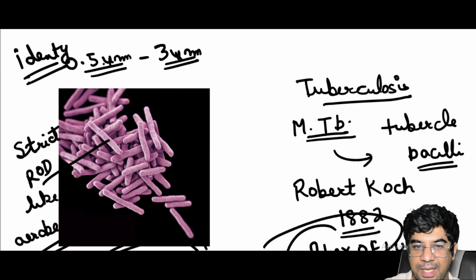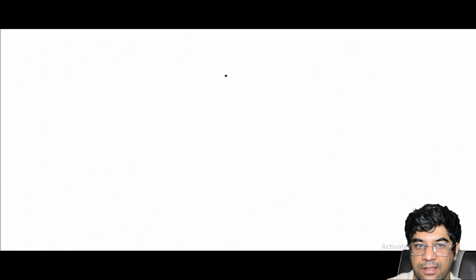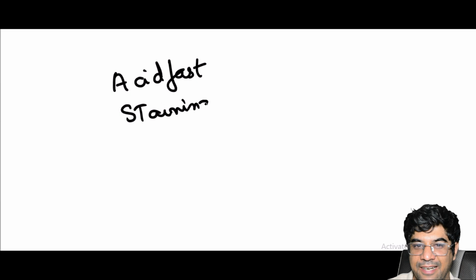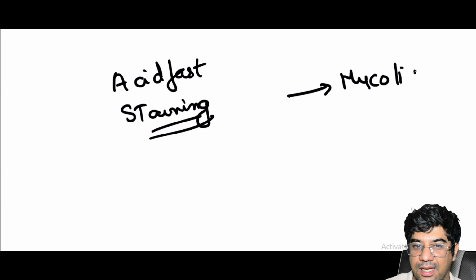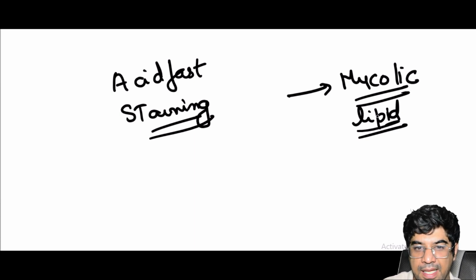What are the special methods that we use? It's the acid fast staining. This method works because the bacterial cell wall contains the mycolic acid and other lipids, so that makes it resistant to decolorization by the acid and the alcohol.